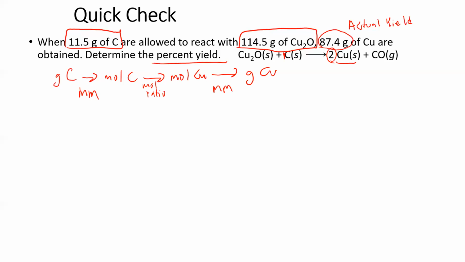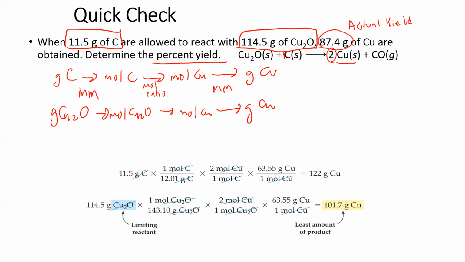But I don't do that for just one reactant. I do it for both. So I go from grams of copper 1 oxide to moles of copper 1 oxide to moles of copper to grams of copper, which again, as in the other videos, that last portion is the same in the double stoich.